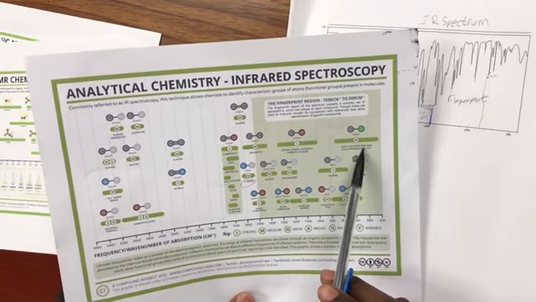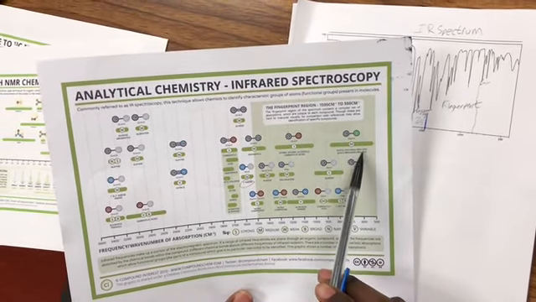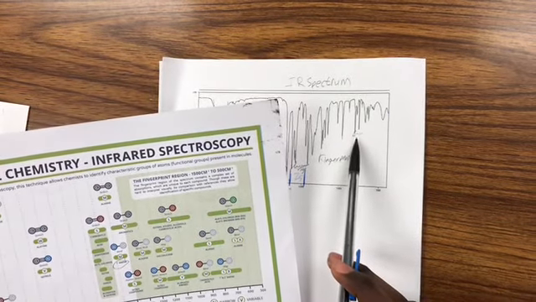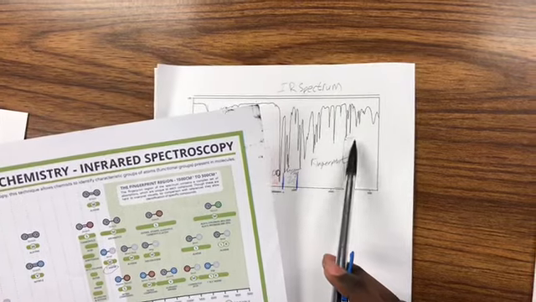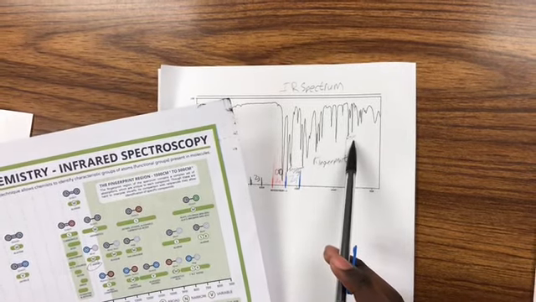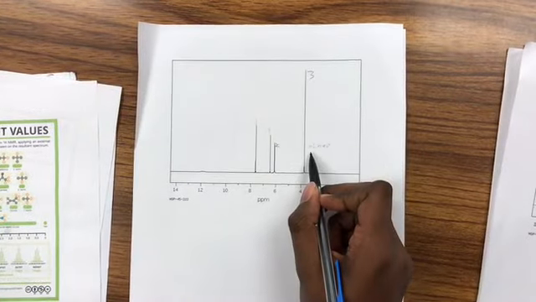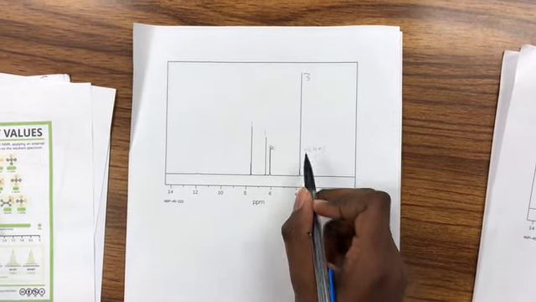If there's a signal around 850 to 550, we see that over here. So this is a possible sign of a C to some sort of X, which in my molecule is likely chloride.